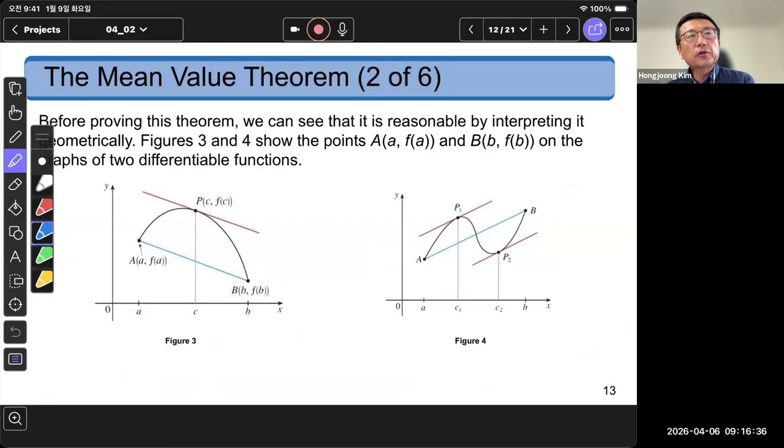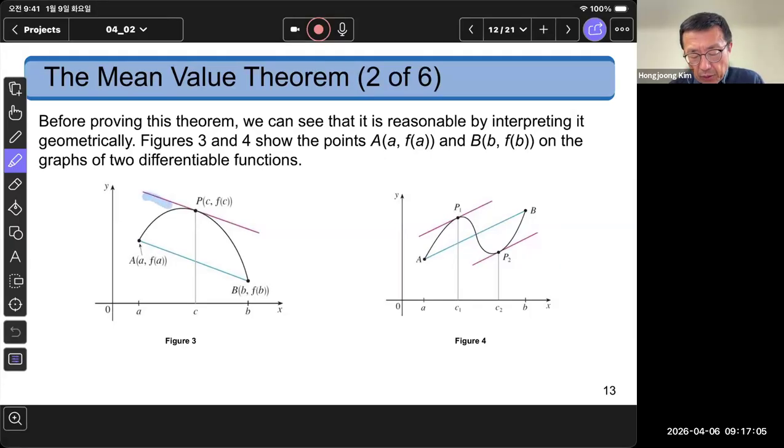So as I said, if you have a function and if f of a and f of b are different, then these blue lines in figure 3 and figure 4 represent the secant lines. And the claim of the mean value theorem is that there will be a point c, at least one c, such that the tangent line is parallel to the secant line.